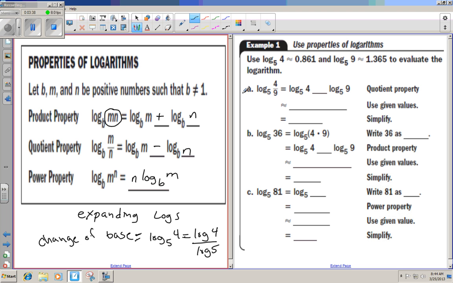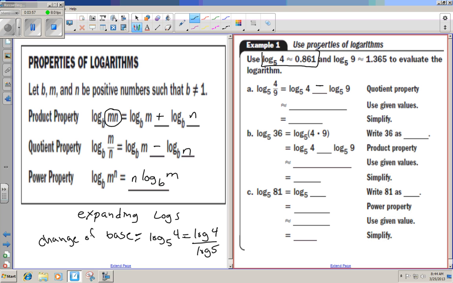Division. That's the quotient property. So when you're dividing, you take log of m, and then subtract log of b. So it should look like that. Log base 5 of 4 minus log base 5 of 9. Now the reason this information is given to you is that now you know what log base 5 of 4 is.